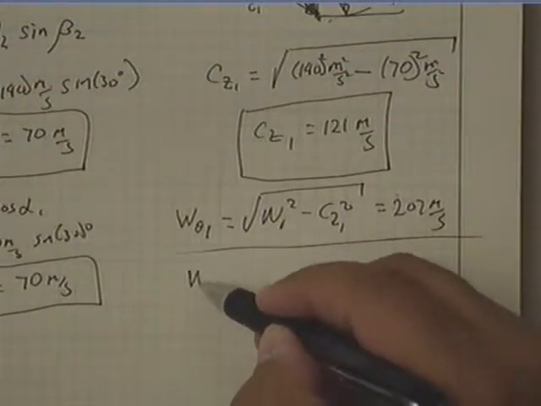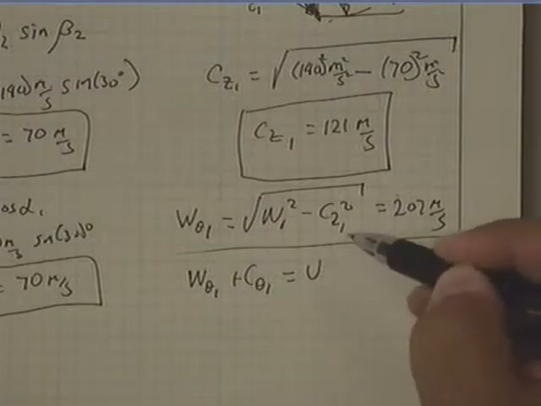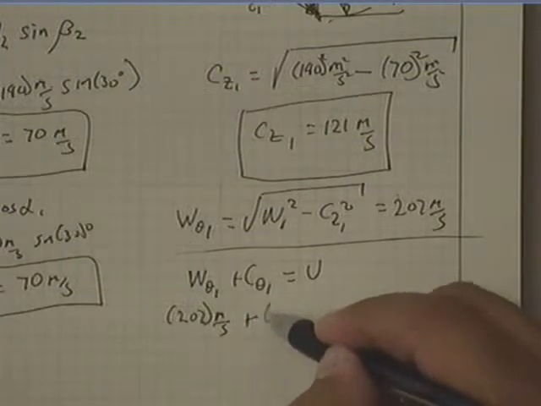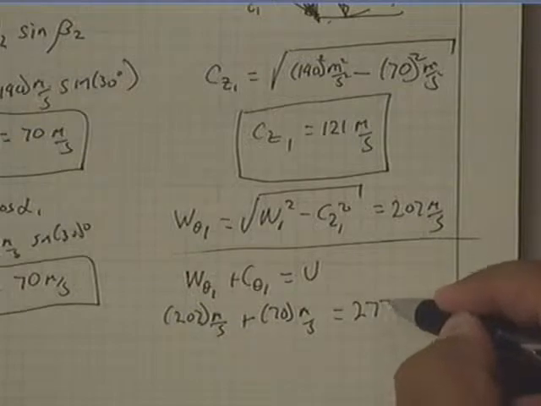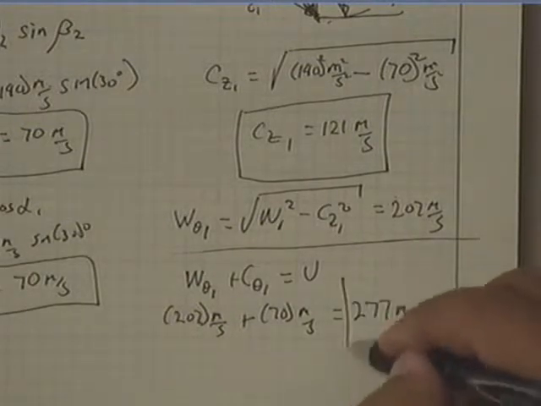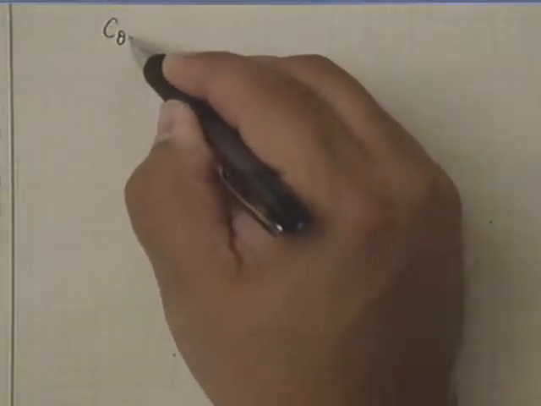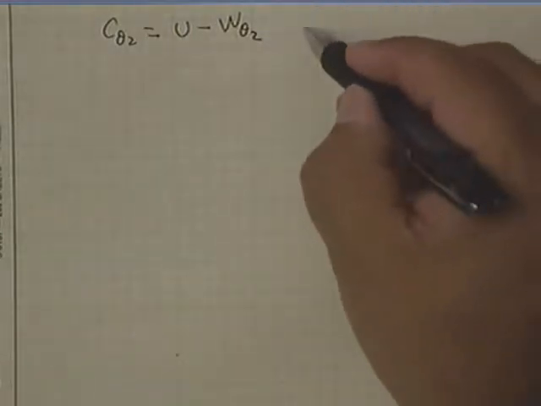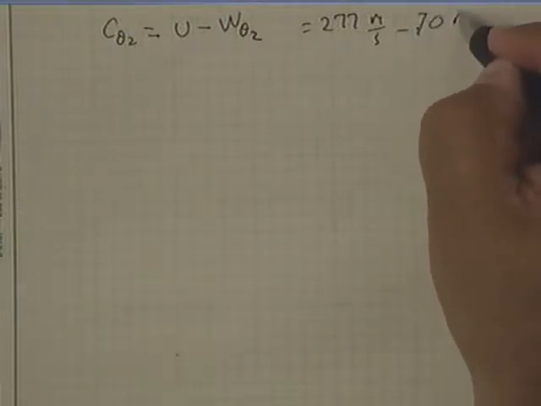And I can say now that W theta 1 plus C theta 1 is equal to U. So this is 207 meters per second plus 70 meters per second, which is equal to 277 meters per second, and now I know the wheel speed U. And real quickly I can find C theta 2 now, which is going to be U minus the relative tangential velocity at 2, 277 minus 70 meters per second.